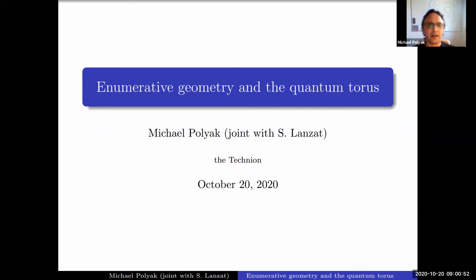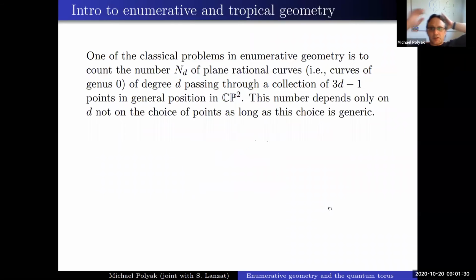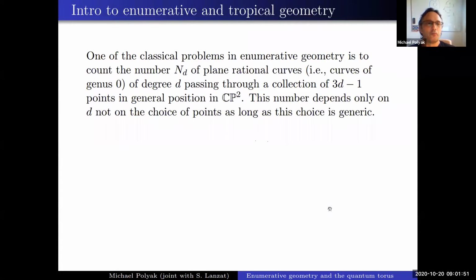So basically, the whole story is about the following. Let me start from a simple problem, one of the most common: to count the number of, say for simplicity, plane rational curves of a fixed degree passing through a certain fixed collection of points.